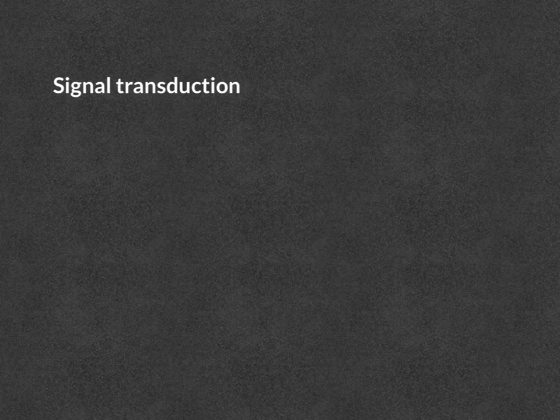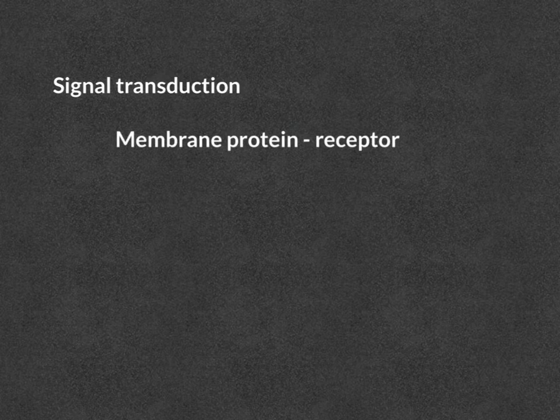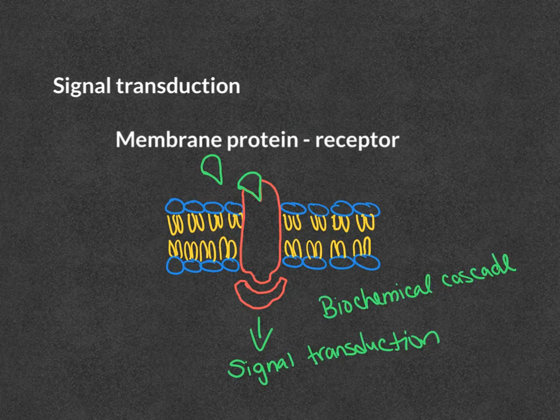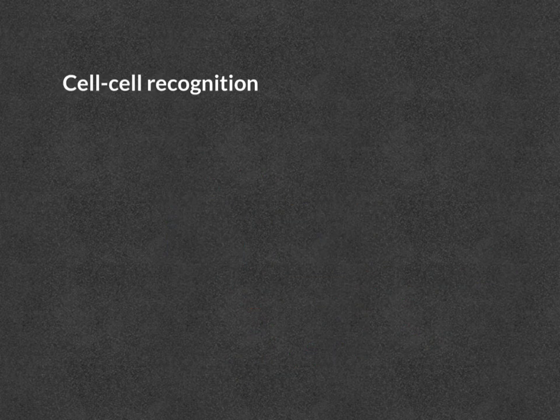In signal transduction, a membrane protein can be a receptor. The receptor can then bind to a molecule that has a specific shape. Once the binding occurs, this allows a biochemical cascade to happen in a series of events, and this is known as a signaling pathway. Some cell membrane proteins are glycoproteins.